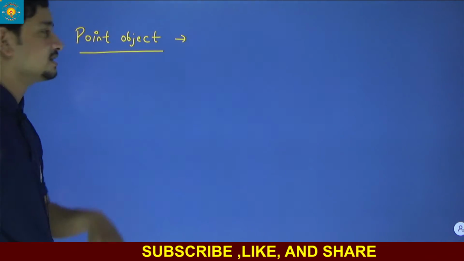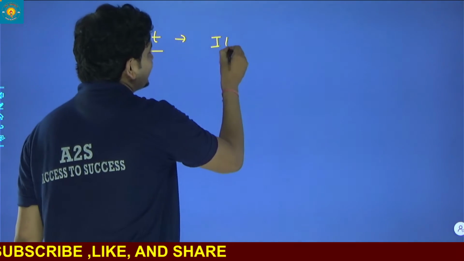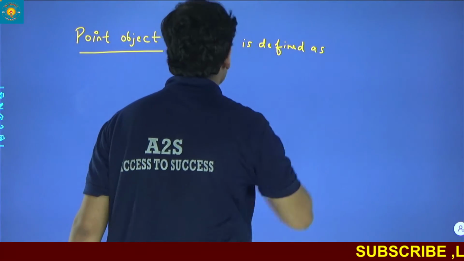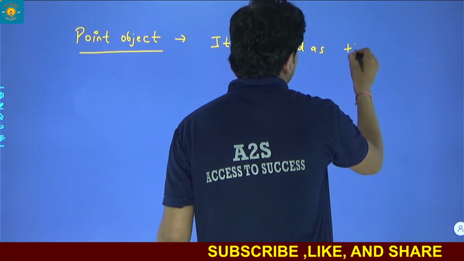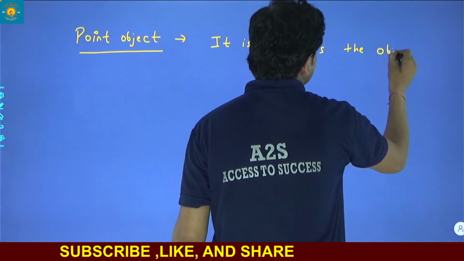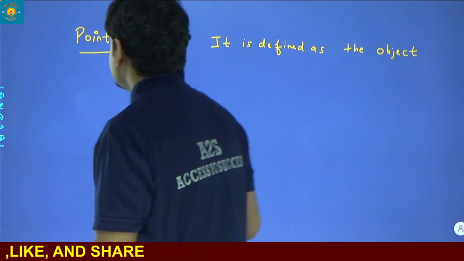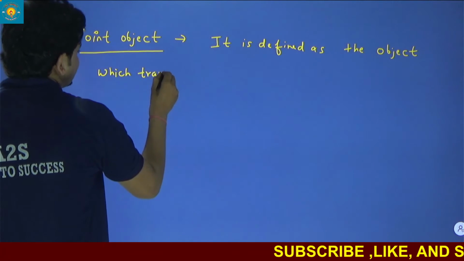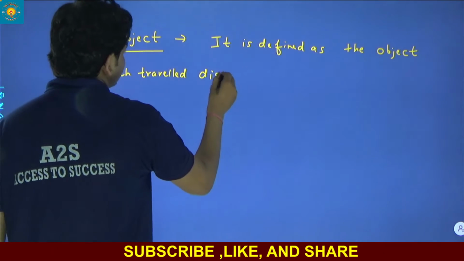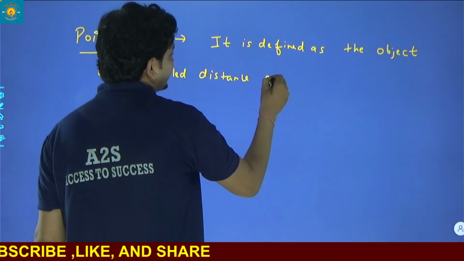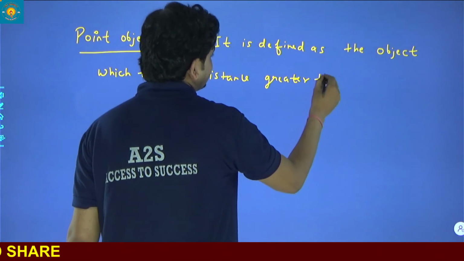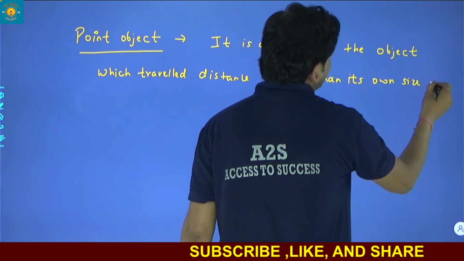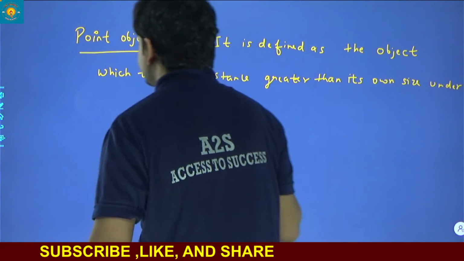What is the point object? It is defined as the object which travels a distance greater than its own size under a reasonable interval of time.